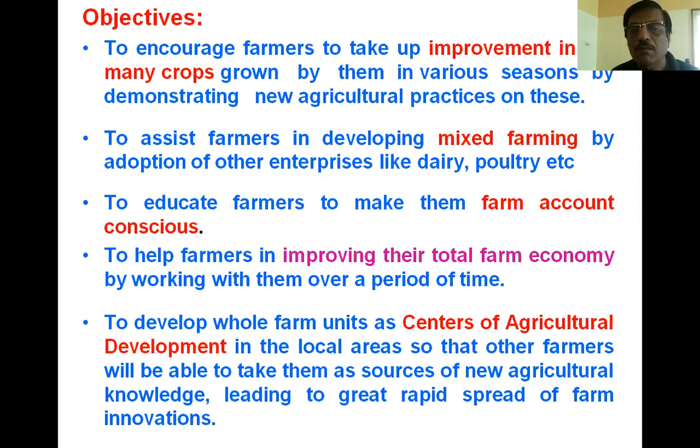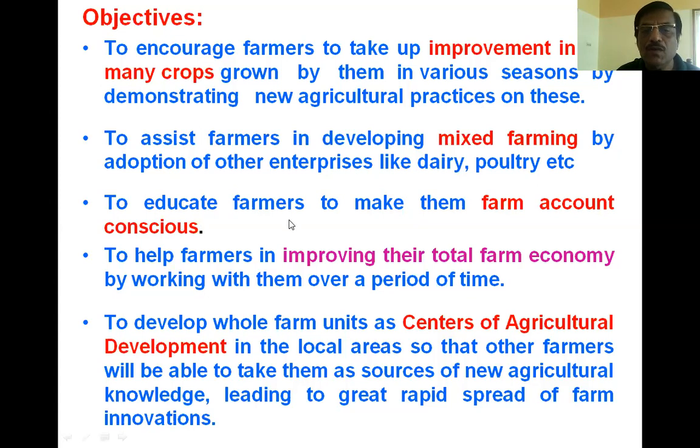For example, jowar powder may be used for feeding the dairy animals. The byproduct of dairy animals, for example dung manure, can be used for crop cultivation. Like this, the different enterprises supplement and complement each other. Thereby, you can maximize the yield, the income, and the profit.